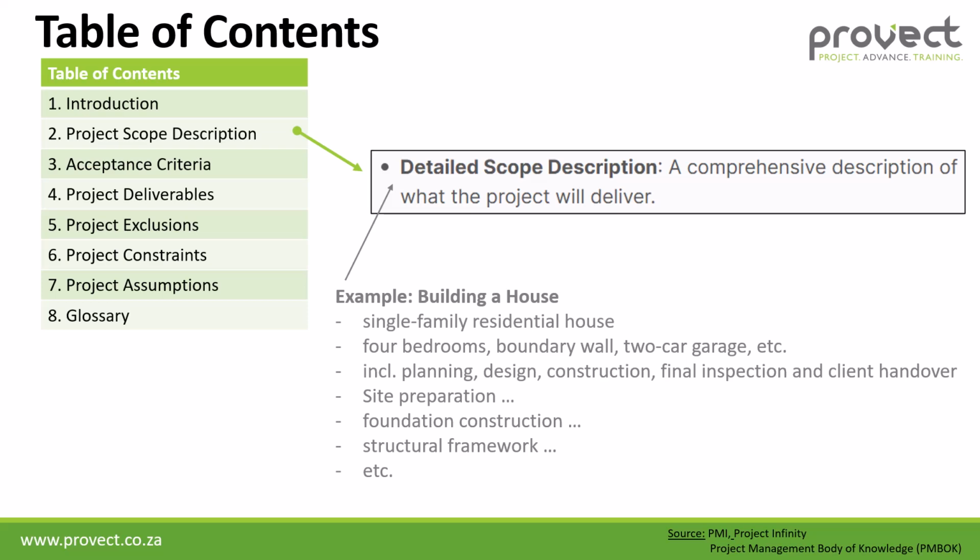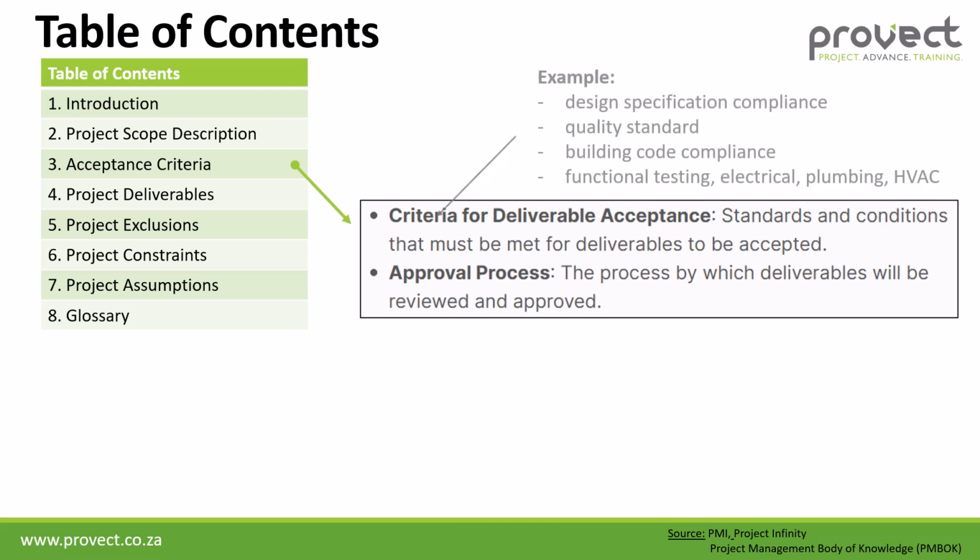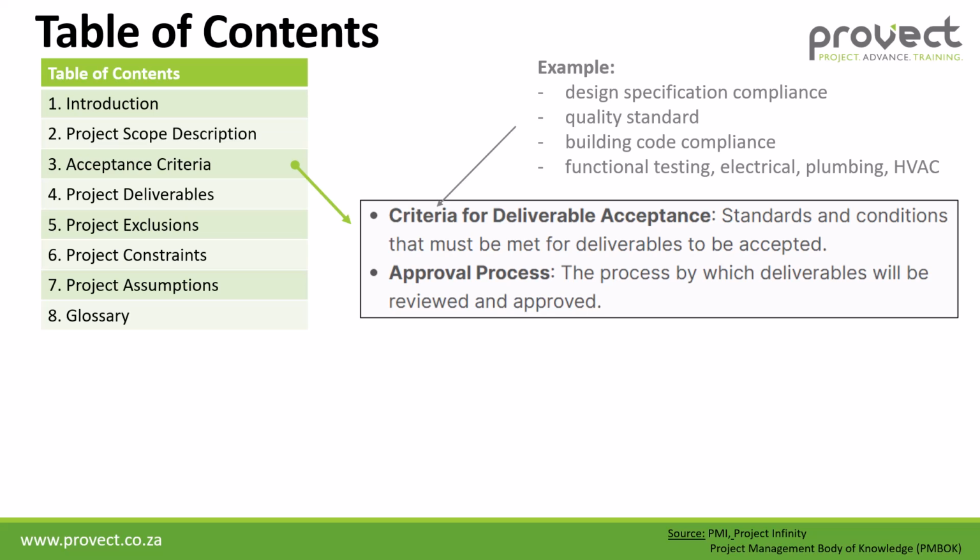Now the third section is our acceptance criteria. These are the standards and conditions that must be met for deliverables to be accepted. And again, in our example, that can be design specification compliance, quality standards, building code compliance, as well as functional testing, which can include electrical, plumbing, and HVAC functional testing.